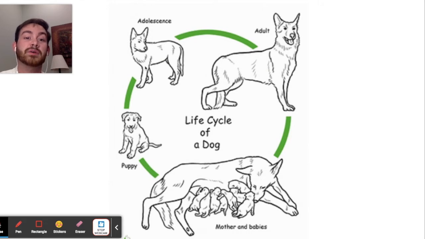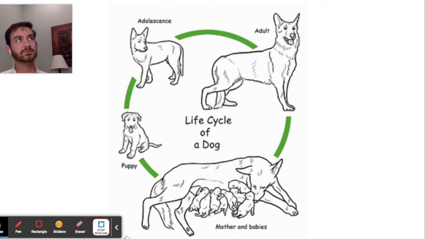So after that puppy reaches the adolescent stage, it becomes an adult, and that adult dog will eventually have puppies of its own, and that's what keeps the life cycle going of the dog. So eventually that adult dog will die. That is the last stage of a life cycle.